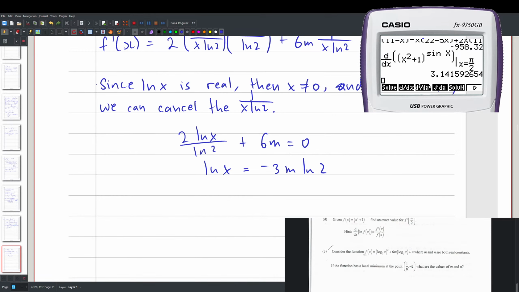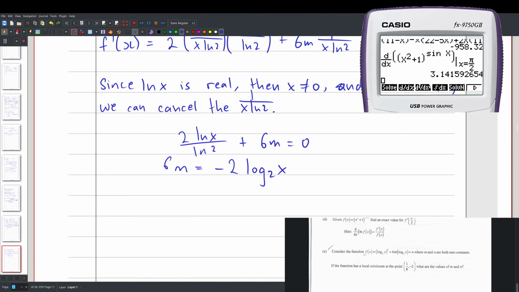Wait, how does this work? Oh no, it's the other way around. You go m is equal to, so you move it to the other side. 6m is equal to negative 2 log 2x.